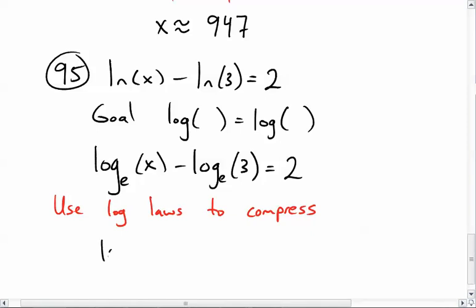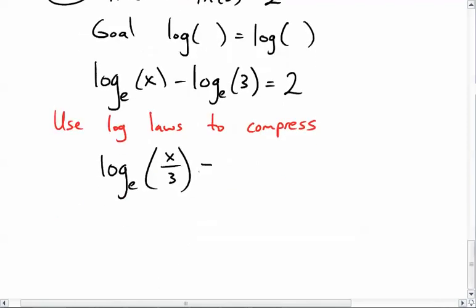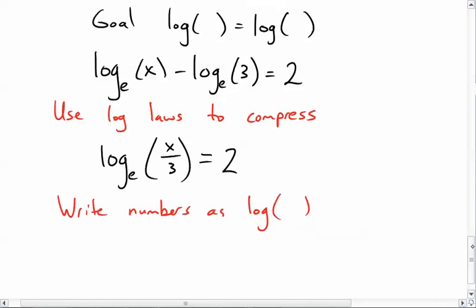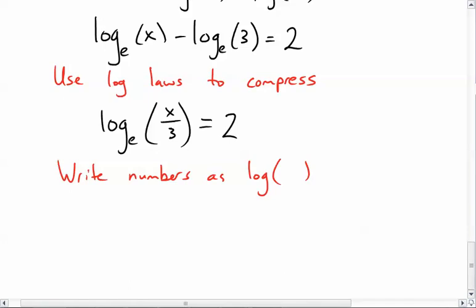So we're going to write this as one logarithm where x and 3 are being divided. And you can write any numbers in your equation as a logarithm. So if you want to create the same base everywhere, we can take the number 2 and we can write that as log base e of something.